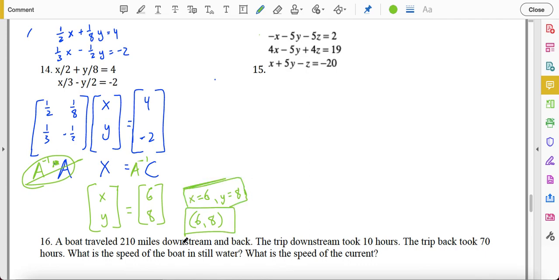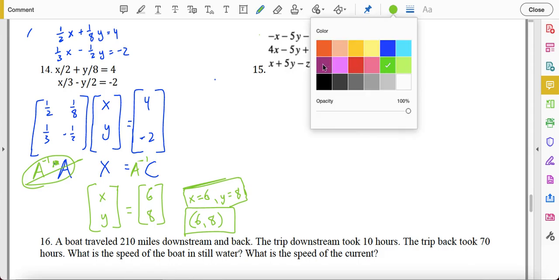Okay, 15. It's the same thing again as what we just did in 14, but we've got a 3 by 3 coefficient matrix, and then a 3 by 1 variable and 3 by 1 constant. So here we go.